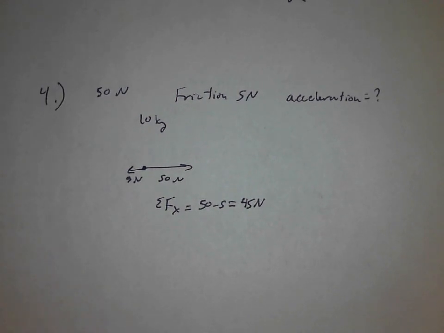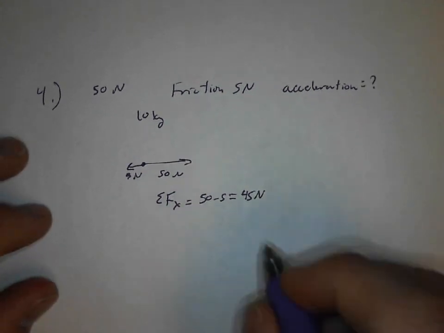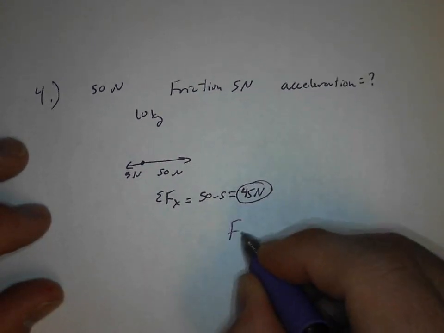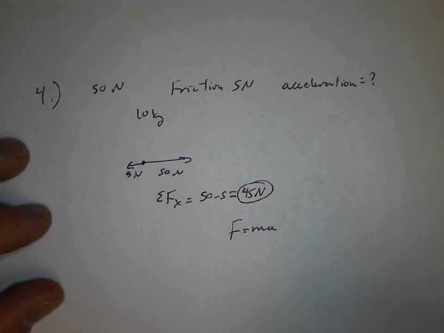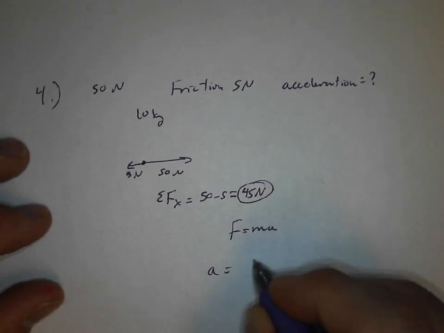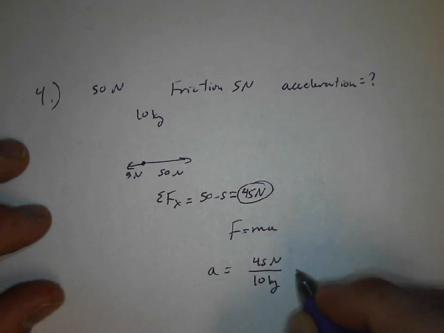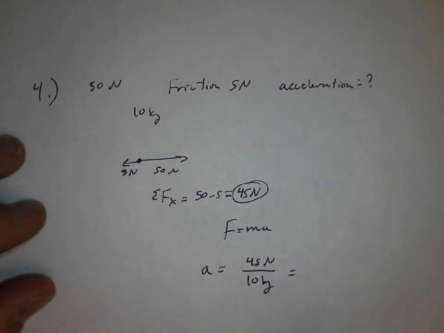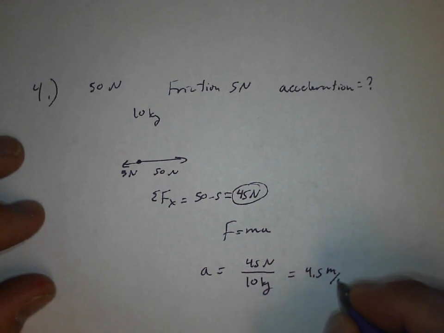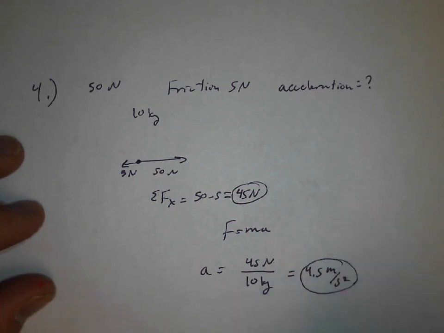Okay, my overall force, my resultant vector force acting on the object, and then that's the value I would use in my F equals ma equation as I solve for a. And so we'd have 45 newtons on top, we'd have the 10 kilograms on bottom. Okay, and so in that case we'd get 4.5 meters per second squared as our acceleration.